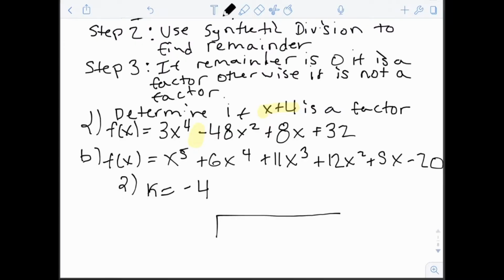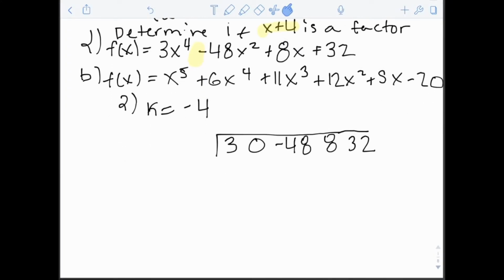So we will have a 3, a placeholder for that third degree, a negative 48, a positive 8, and then finally a positive 32. So this is going to be our setup, and again, we know what our k is.